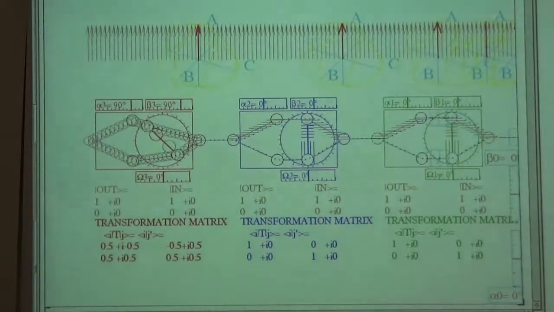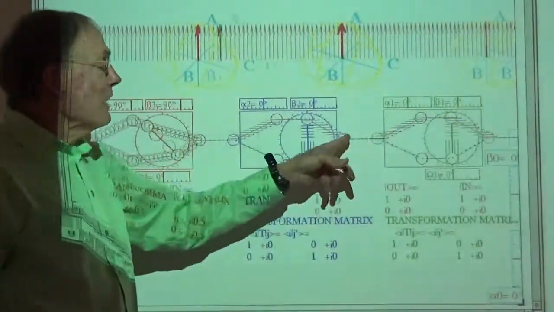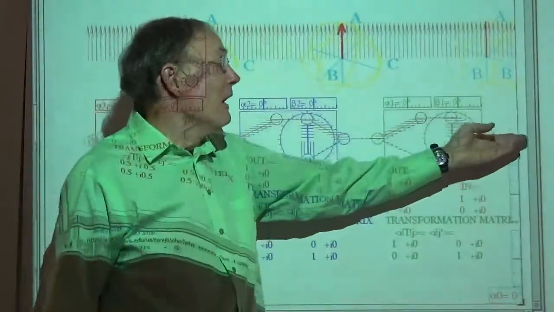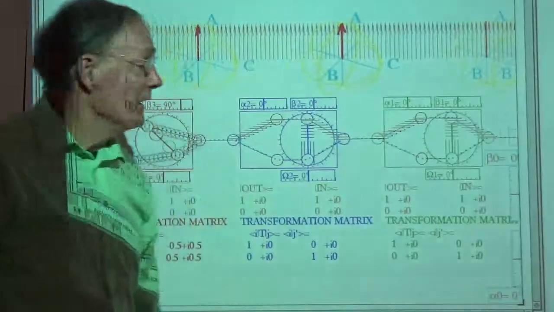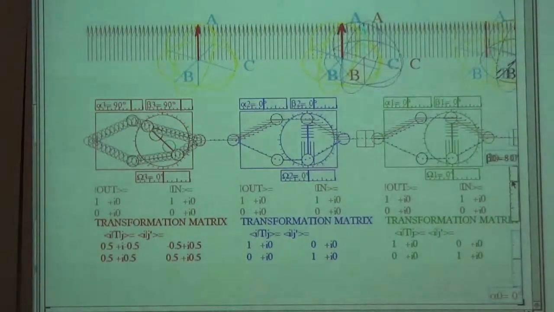And I'm going to speed this up a bit here. So each time, the light goes all through the top, 100% up, because it was X-polarized by something down the way there.